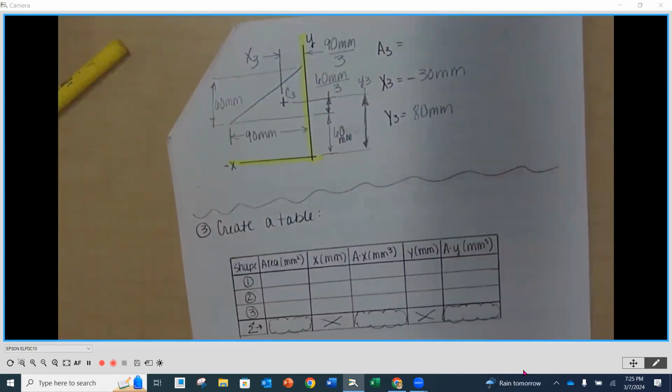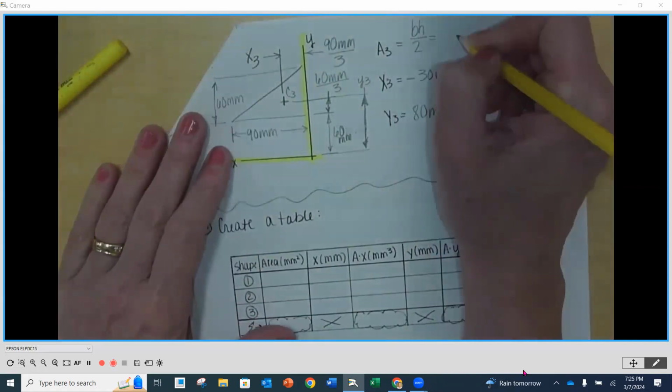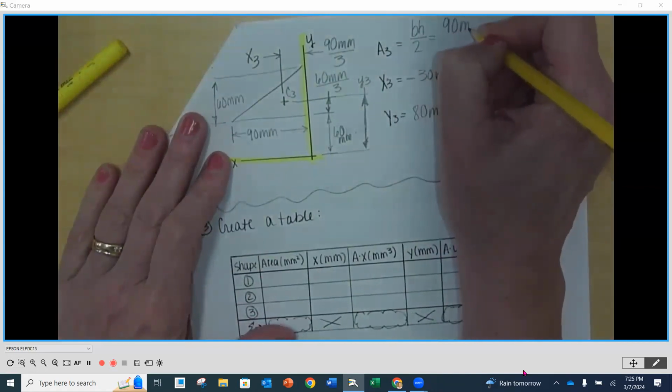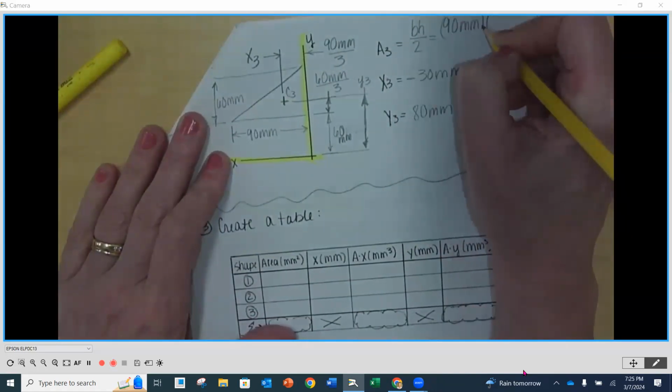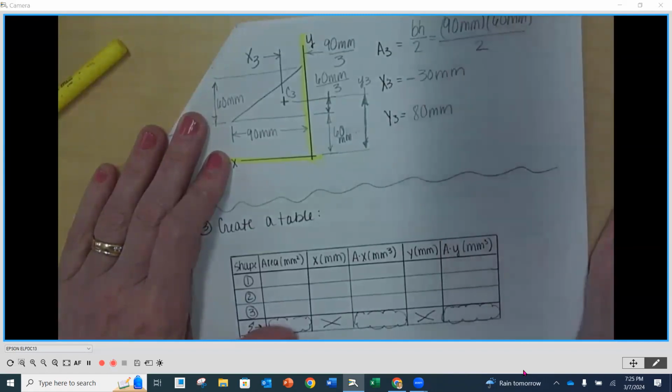And then we need to do our area yet. Our area is going to be base times height divided by 2. So our base is 90. Our height is 60. And I'm going to divide by 2.